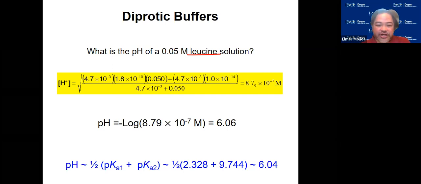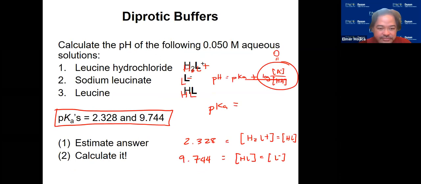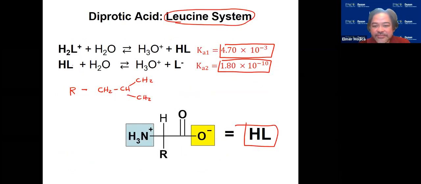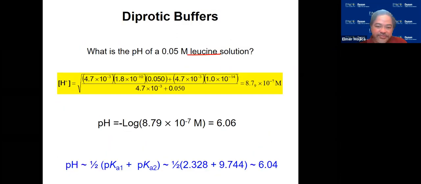If we're going to do the systematic treatment, just for the sake of you seeing it, we just replace the values that we have there, the Ka1 and Ka2, which are given at the beginning, 4.7 and 1.80. Then the given concentration plus 4.7 times 10 to the negative 3 times Kw, that's Ka1.